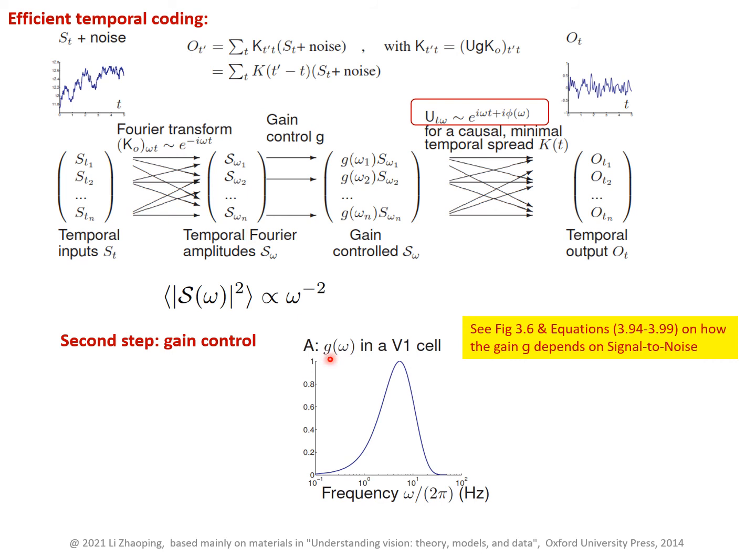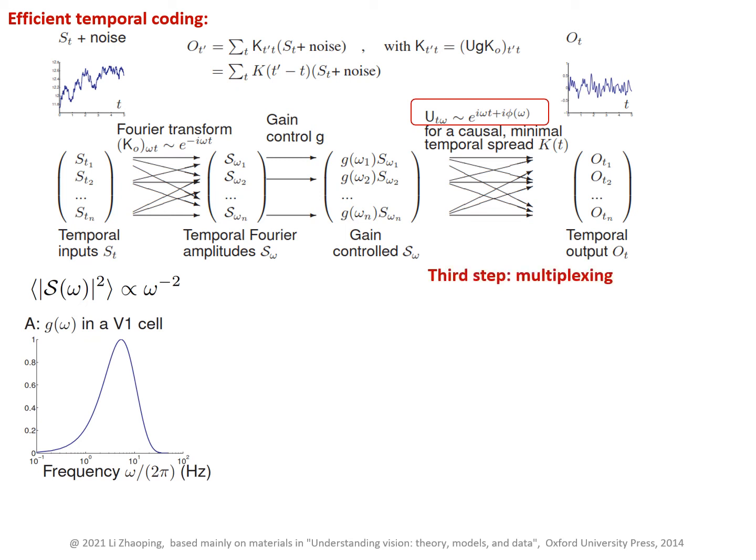Therefore, this gain G(omega) for each Fourier component should increase with frequency for small frequency omega, when the signal to noise is large, for whitening, for decorrelation, and then decay with frequency for higher frequency omega to smooth out noise. This is very similar again to the spatial gain as a function of frequency.